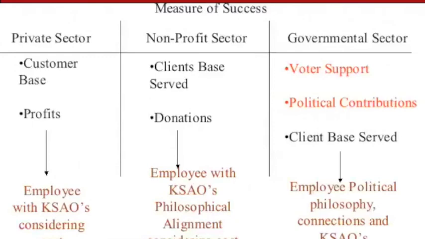But the measure of success is, am I getting the type of employees that can increase the client base and increase profit, given the cost of getting them out there.